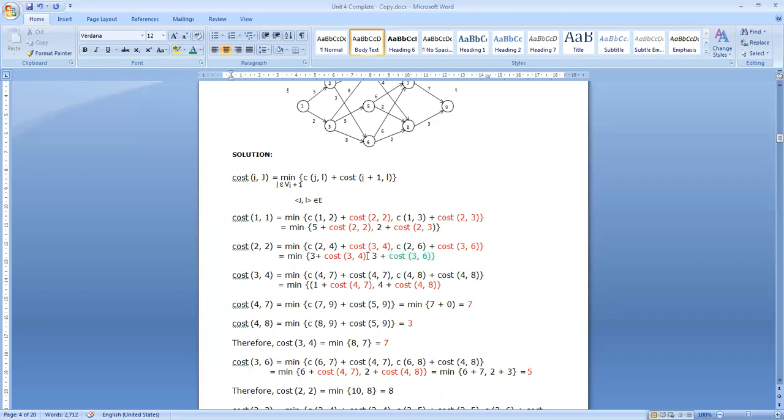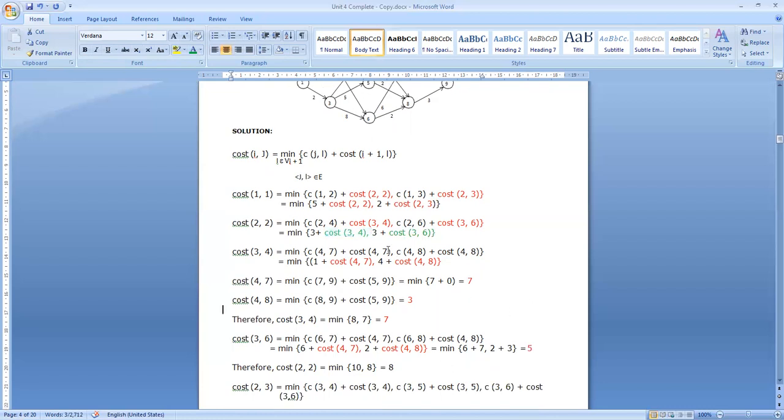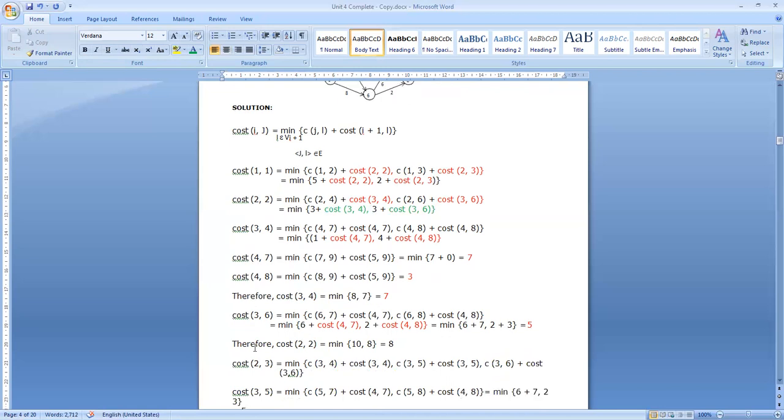Then cost of 3 comma 4 is also computed. I supply the values here to compute cost of 2 comma 2. So cost of 2 comma 2 is equal to minimum of 3 plus cost of 3 4.